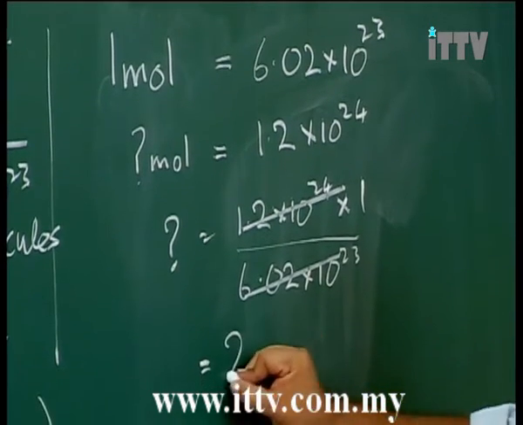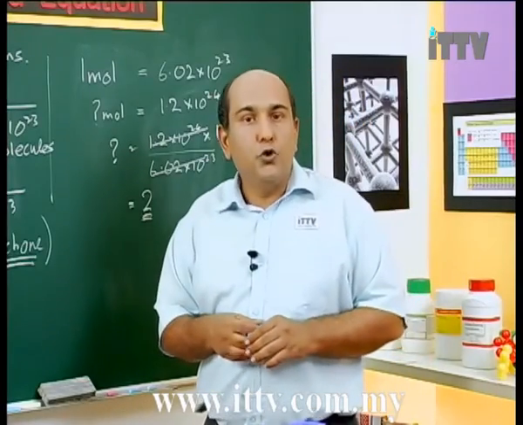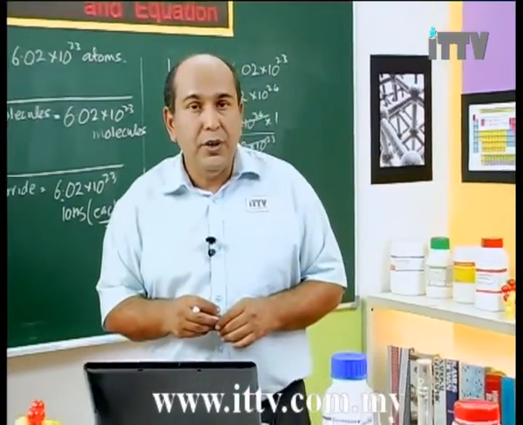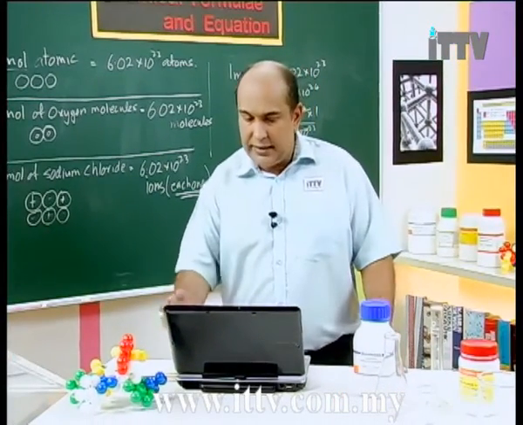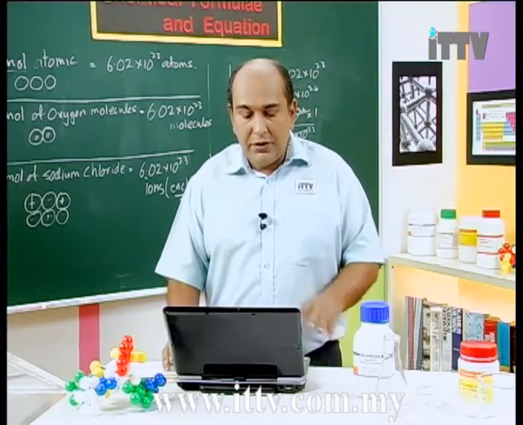You get the answer 2. So how many moles? 2 moles of carbon equals 1.2 times 10 to the power 24 atoms, or in this case, particles of carbon. Let's try another one.